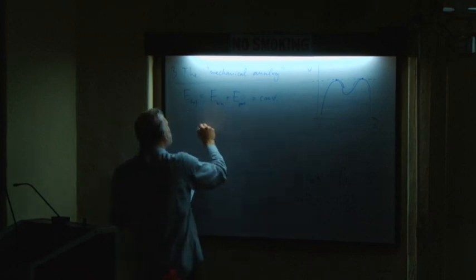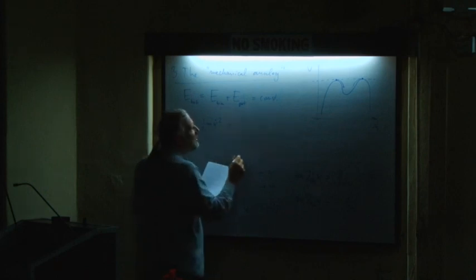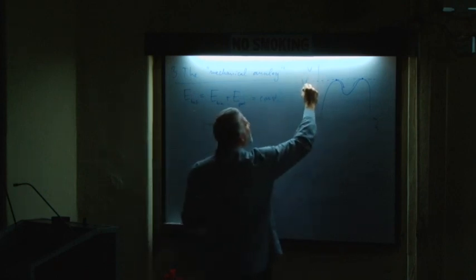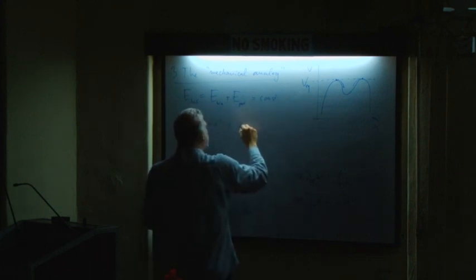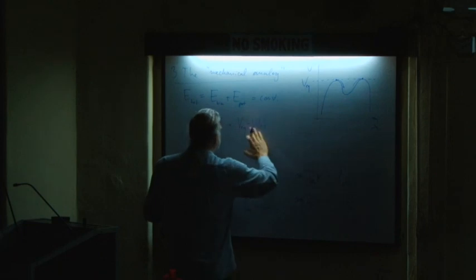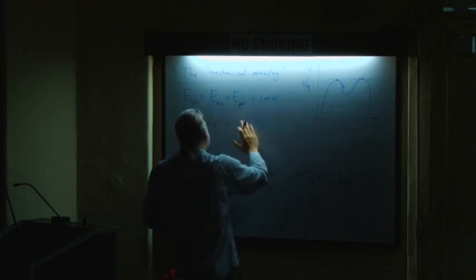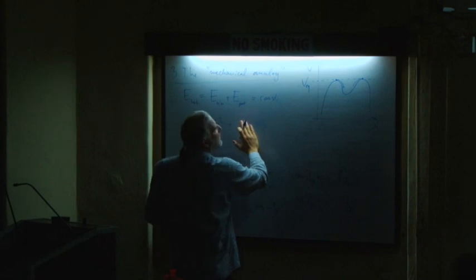Well, the kinetic energy is 1/2 m x dot squared, 1/2 m v squared. The potential energy is the equilibrium value of the potential, so here we have V equilibrium minus V of x, or let me say, yes, plus V of x.